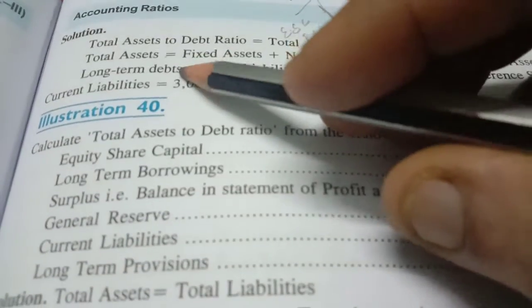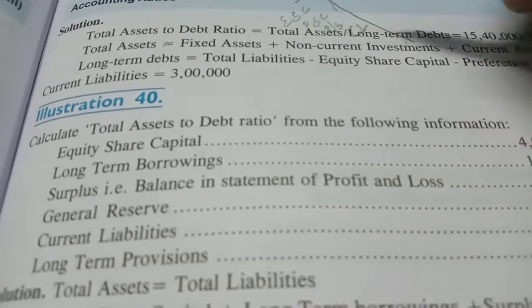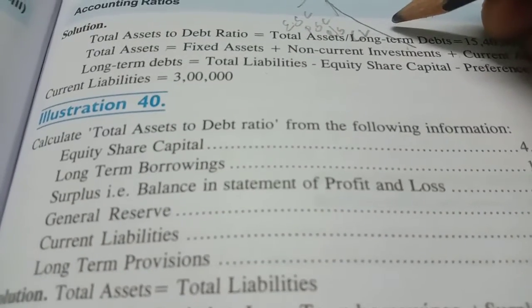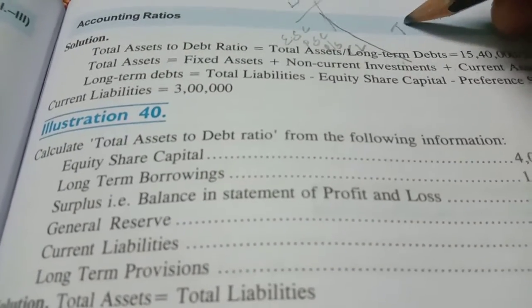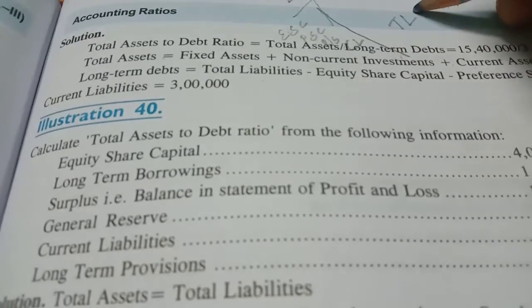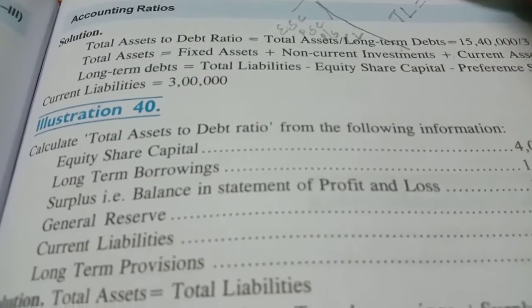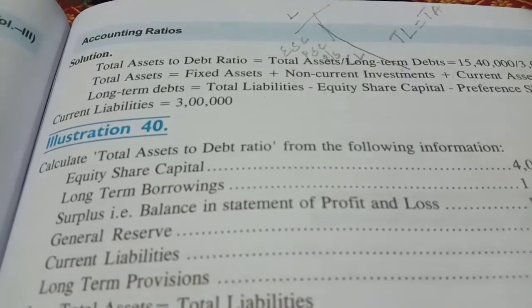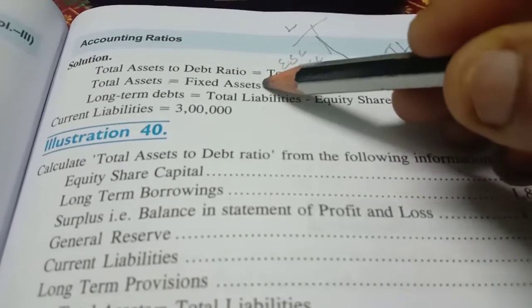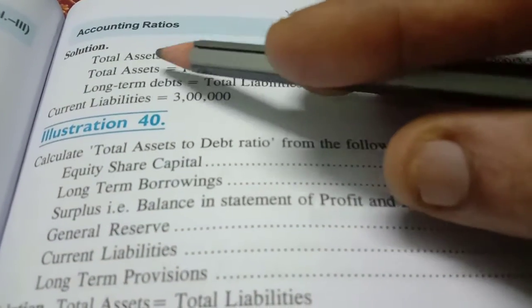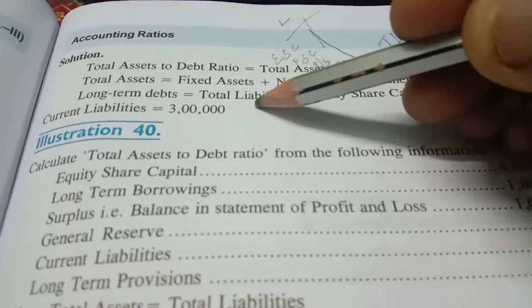The long term debt equals total liabilities. What is the total liability? I already told you, total liability equals total asset. So from the first step we calculated the total asset, and the total asset is equal to the total liabilities.